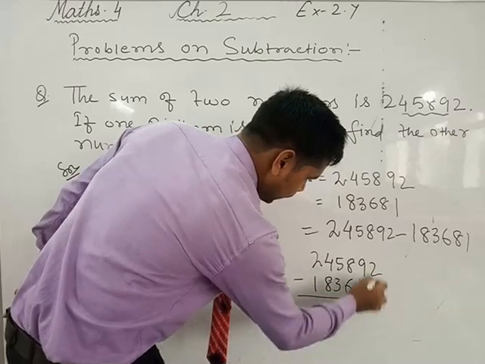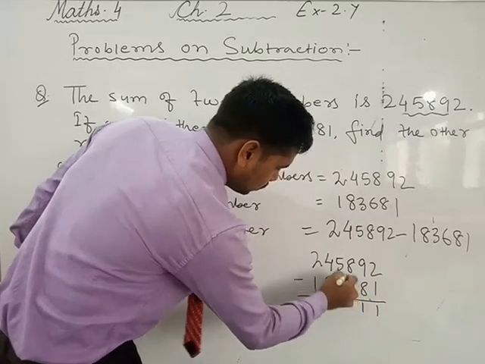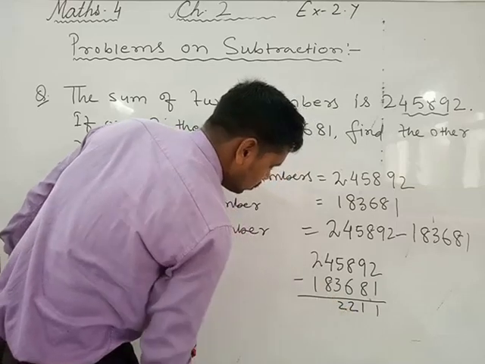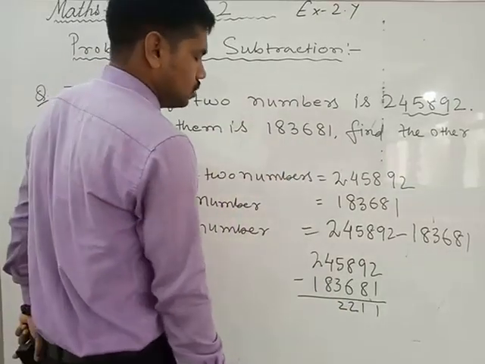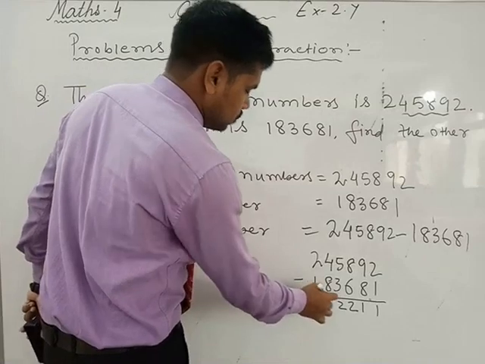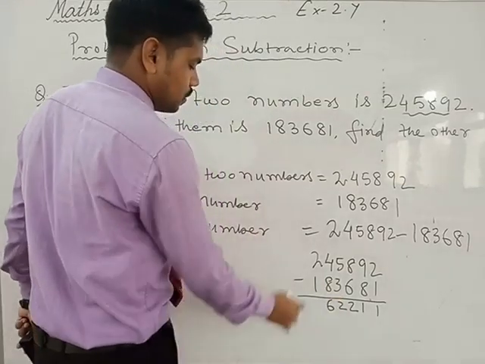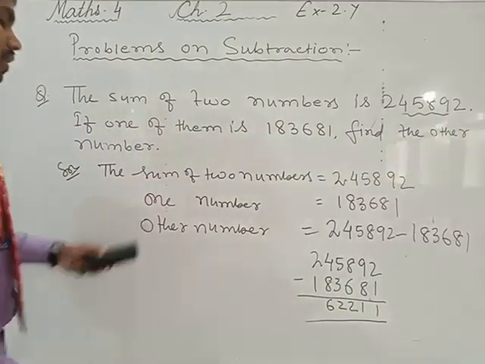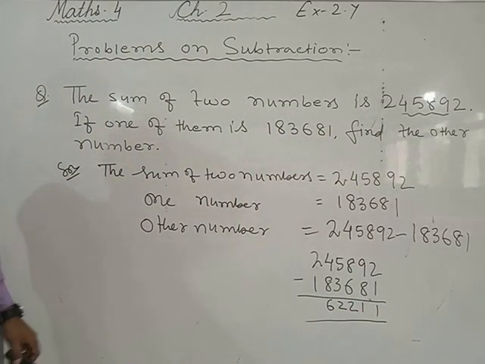So let's subtract: 1, 1, 2, 2, 2, 6, so 62211. Okay, so this is the difference, and the other number will be this one only.